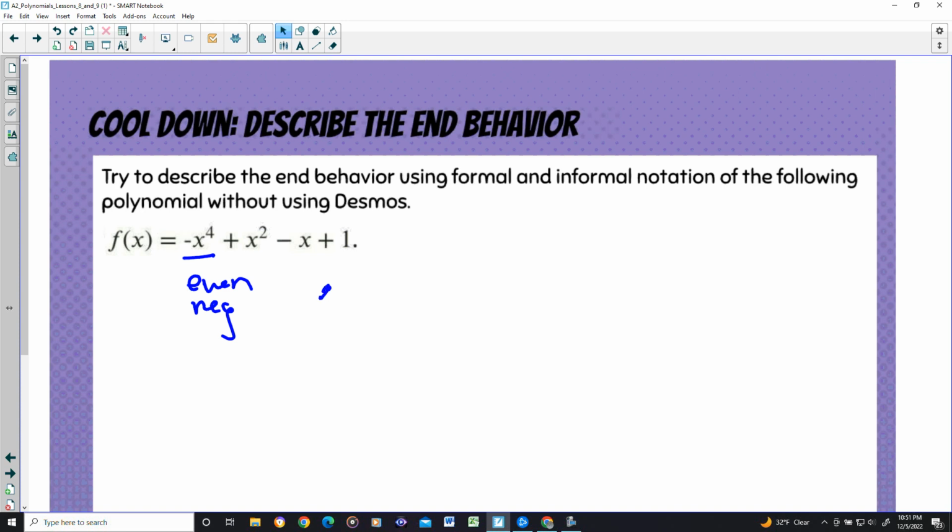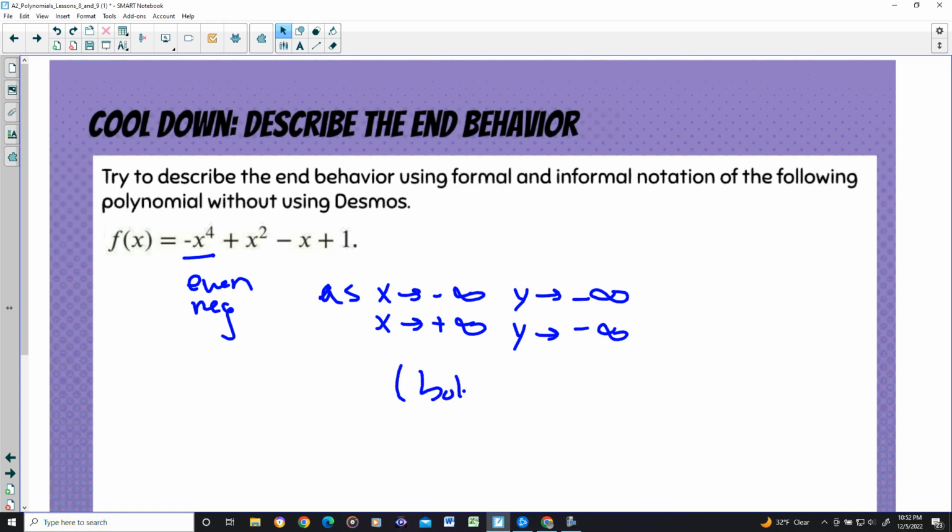So as x approaches negative infinity, what's going to happen? y approaches negative infinity. Both ends are going to point down. There we go. And that's really what end behavior is all about.